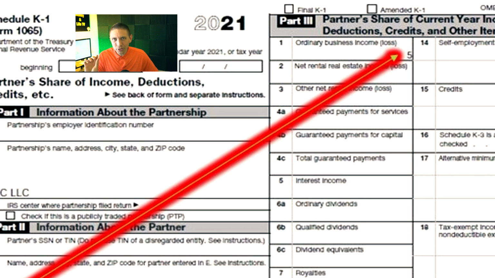The $5 will be reported on the K-1 statement as ordinary business income. And you'll report $5 of ordinary business income on your tax return. So from that, I think you can quickly see how the business itself is not paying tax. The tax burden's passed through to you as the business owner, and you're going to pay the tax on that based on your marginal tax rate.